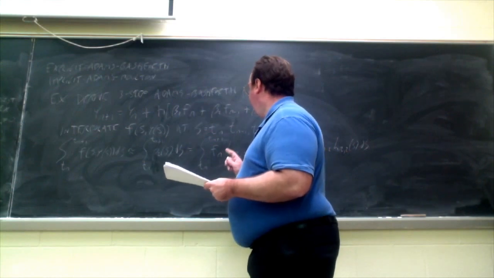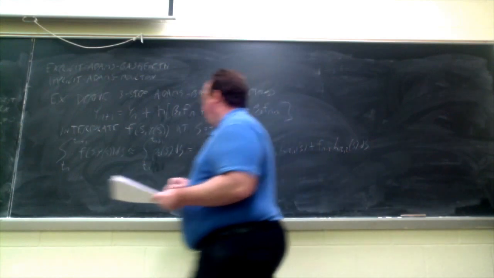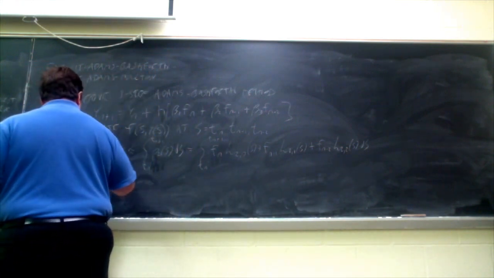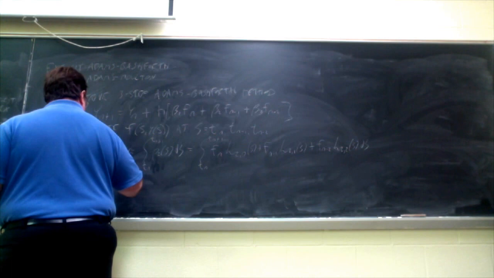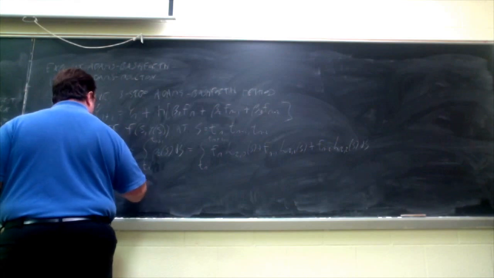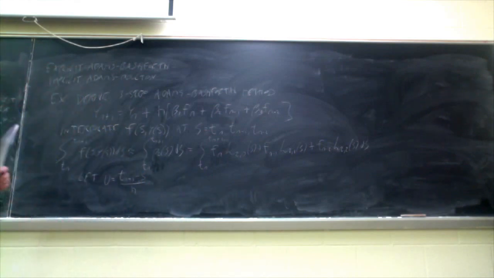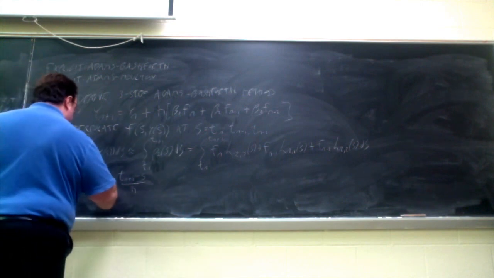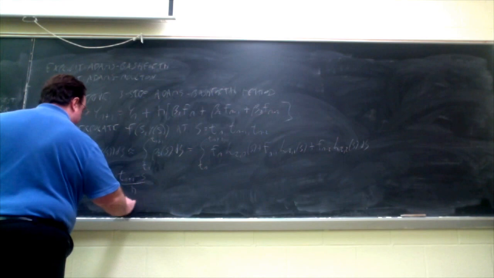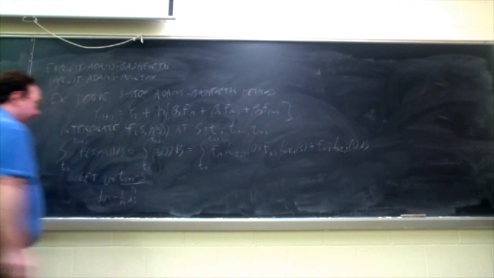But before I go any further, what I can do is make a change of variable, a substitution. Let u be equal to tn plus 1 minus s, all over h. So then du is equal to minus 1 over h ds.